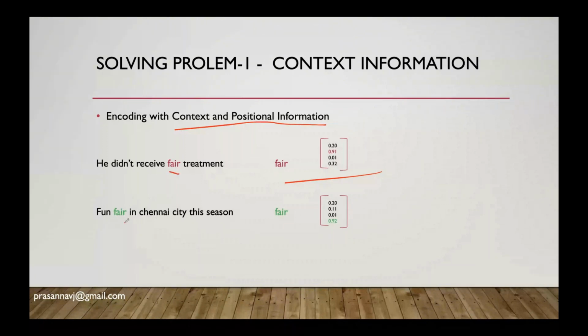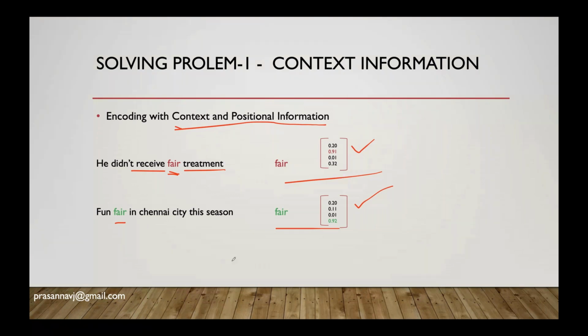Each will receive a different embedding vector. Hope it makes sense. The embedding vector not just talks about the context, but also takes care of the positional information: what is the previous one and the next one. That positional information is very much included as part of your machine learning process.